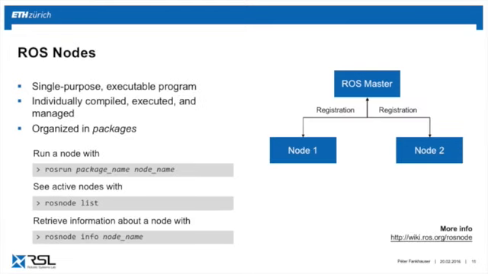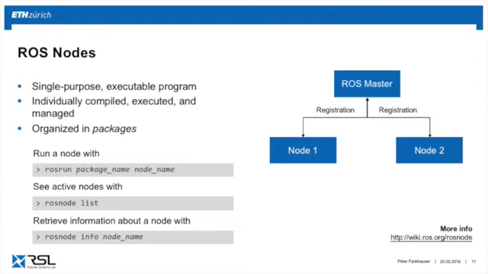A ROS node is essentially a program that runs on your PC. It's a single-purpose executable program. You can compile them individually, run them, and manage them individually. Those are the building blocks of your program. These nodes are organized in packages.